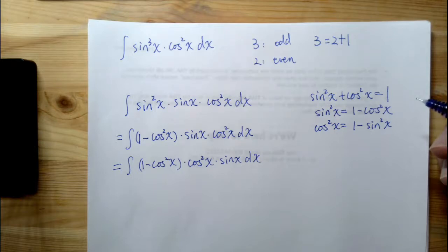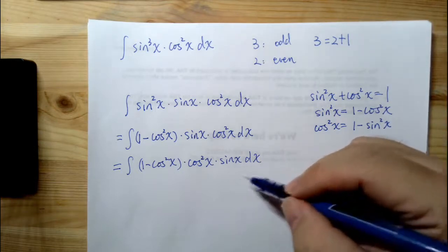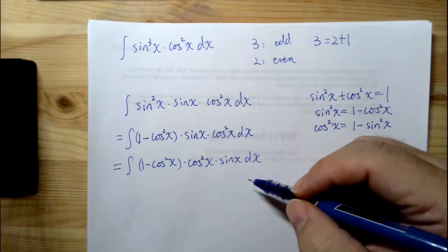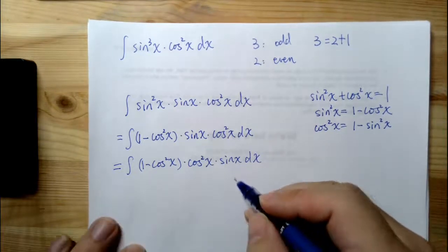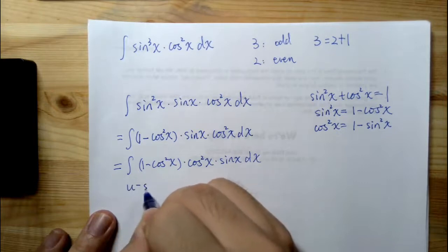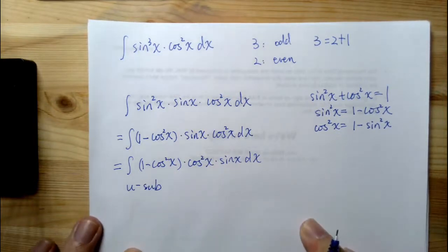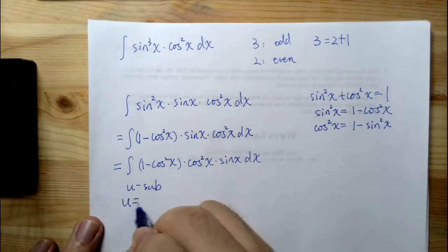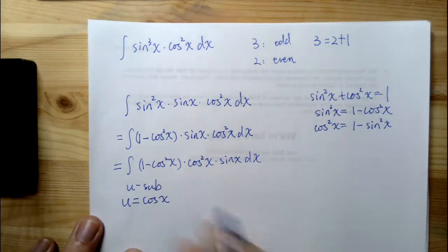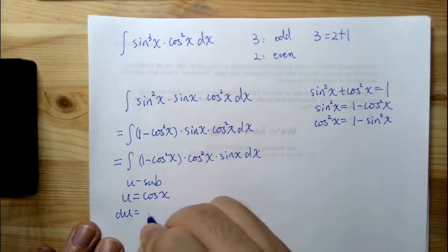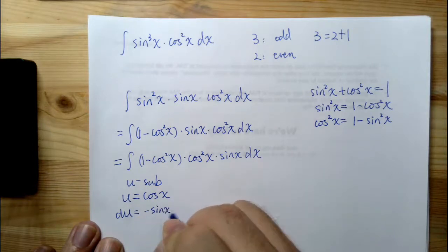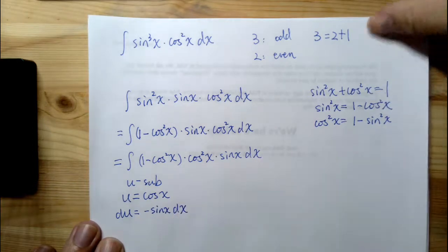Now it is pretty clear why we want to have this format, because up to now we can use the u substitution. If we set u equals cosine of x, then du equals negative sine x dx.